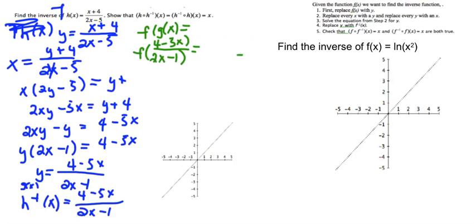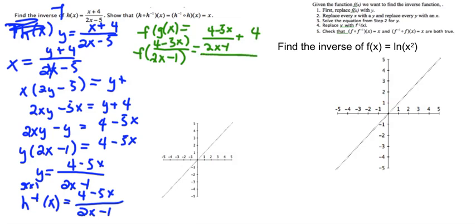I have to put that whole thing in there. So I have to put 4 minus 5x over 2x minus 1 plus 4 minus 5x over 2x minus 1. Looks like I got a common denominator on here. So hang on a second. Yeah, that's right.